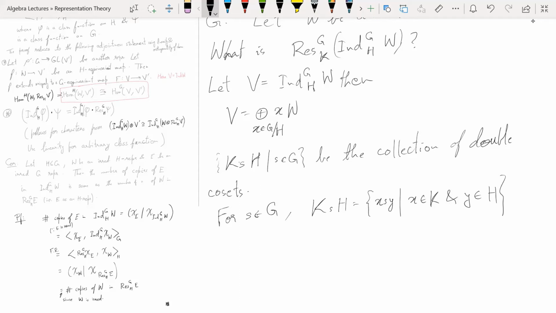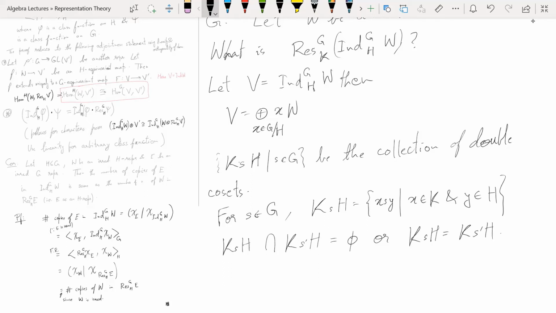So KsH intersection Ks'H is empty, or KsH equals Ks'H.